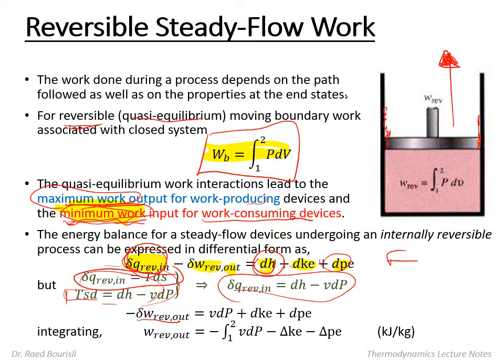Okay, so if you integrate this equation, you'll have delta PE, delta KE, and minus the integral of VdP. Of course, minus. This is plus, becomes plus, and this is minus, this is minus, this is minus. So plus sign here and 3 minuses. What does this say?